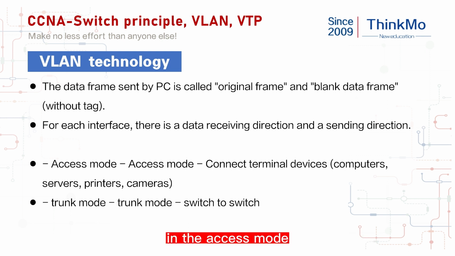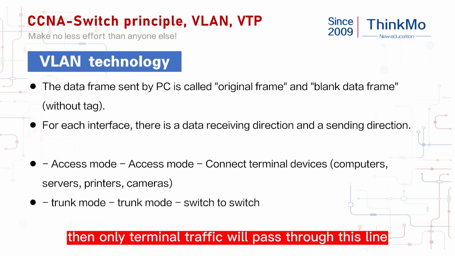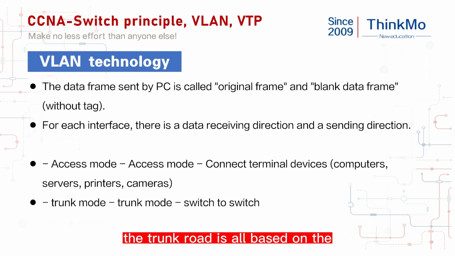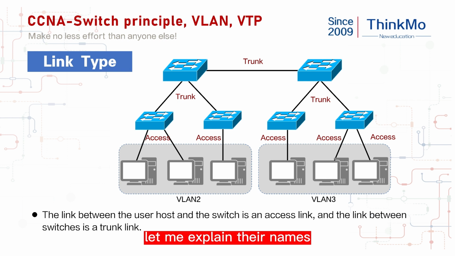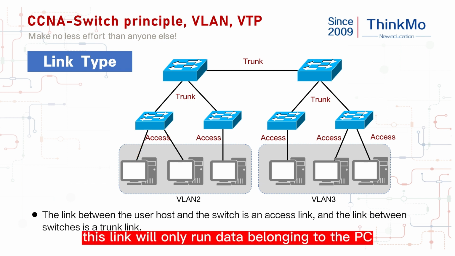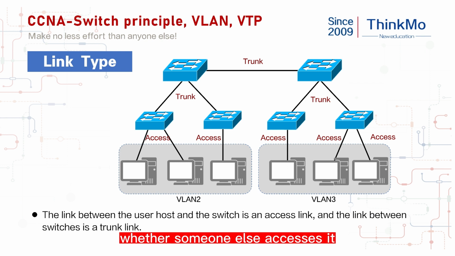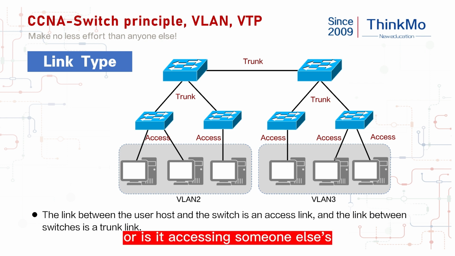In the access mode, it is directly connected to the terminal. Then only terminal traffic will pass through this line. The trunk road is all based on, like the picture in the courseware. Let me explain their names. Access link means this link will only run data belonging to the PC, whether someone else accesses it or it is accessing someone else.